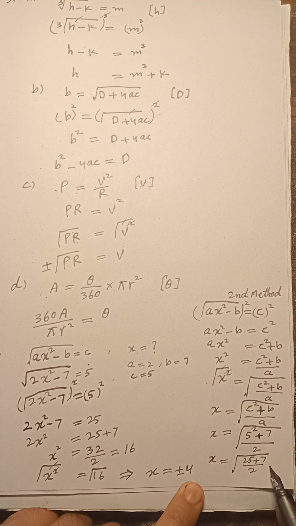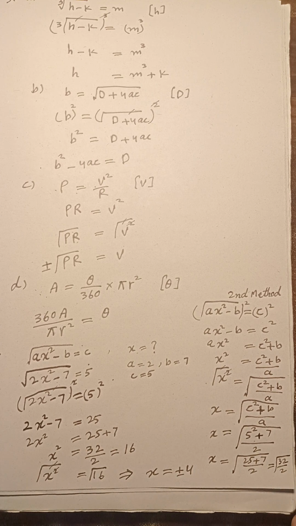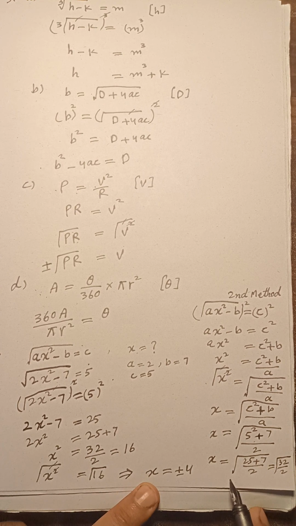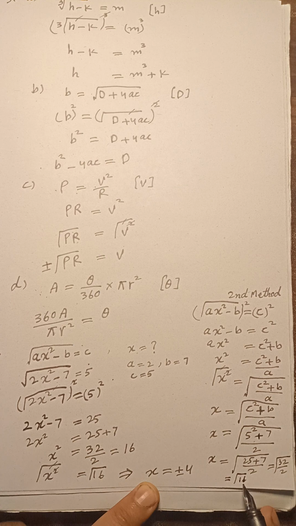Now you know that 25 plus 7 is equal to 32 over 2, 32 over 2 under root, and 32 when divided by 2, the answer is 16. Write here 16 under root.